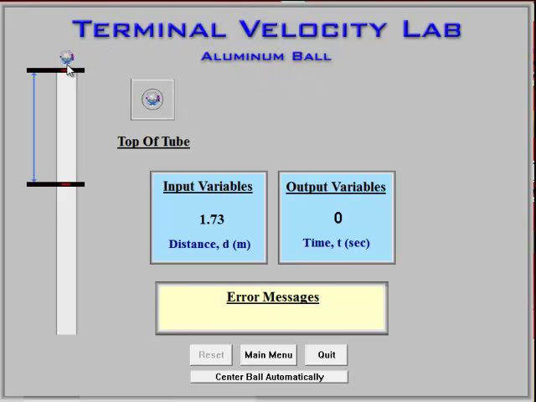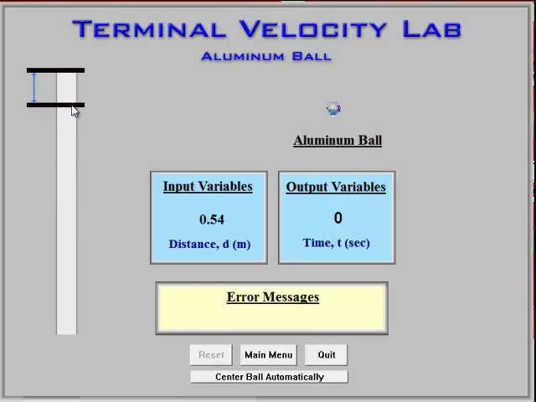Now, they set the ball up just right, and they also center the ball both ways. They will then get the time it took for the ball to go the given distance. Then they will reset, and they will change the distance.